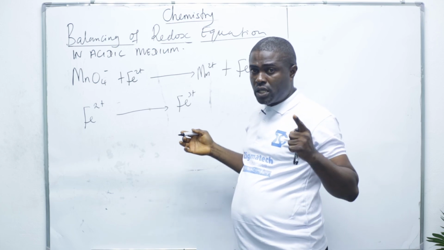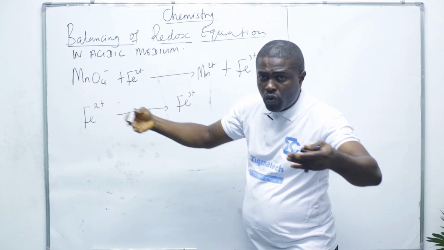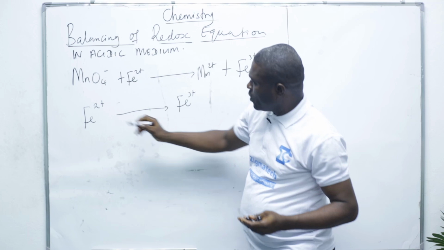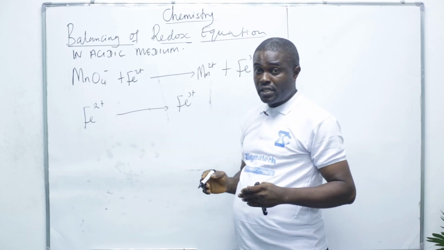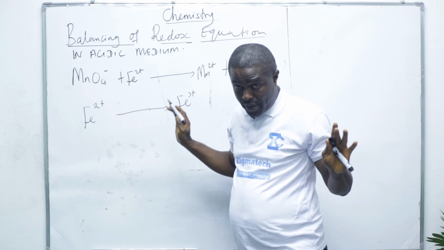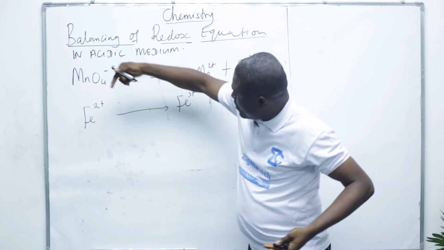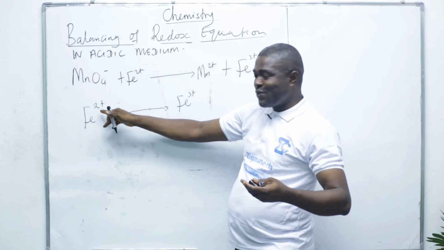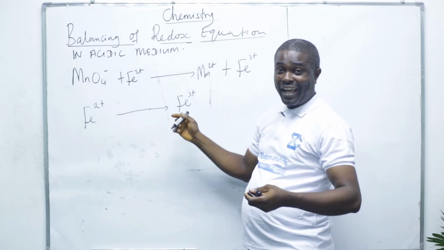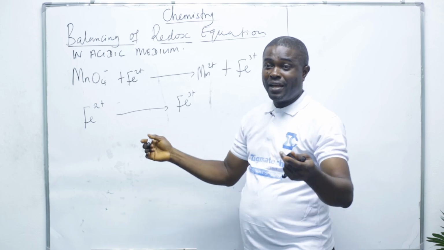I say forget about the charges; the charges will have a different way of balancing. Now, I have plus 2, I have plus 3. In terms of atoms, they are balanced. In terms of charges, what they carry on top, are they balanced? No. Plus 2 here, plus 3 here. You have to balance it.